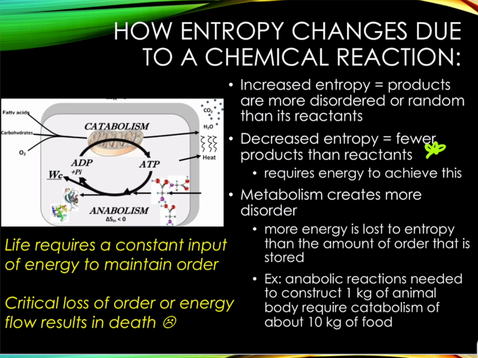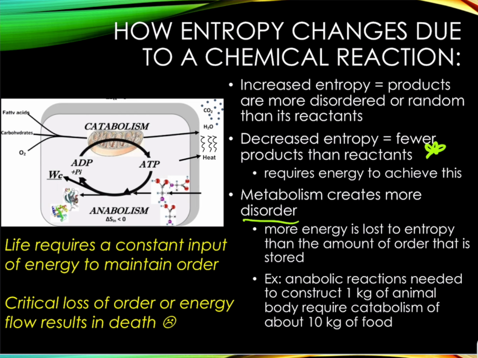For example, an anabolic reaction needed to construct 1 kilogram of animal body requires catabolism of about 10 kilograms of food, right? And that goes back to that whole 10% rule you learned in pre-Biome, saying that 90% of the energy that can be converted from the sun to the plants, to the primary consumers and so on, 90% of that energy is lost to disorder, right? It's lost to entropy.